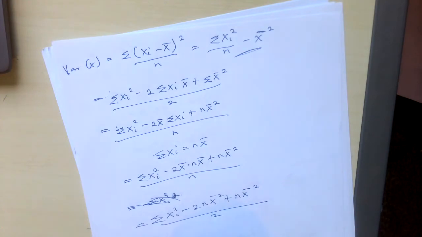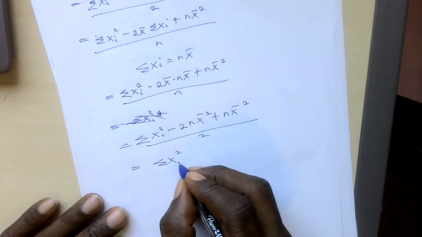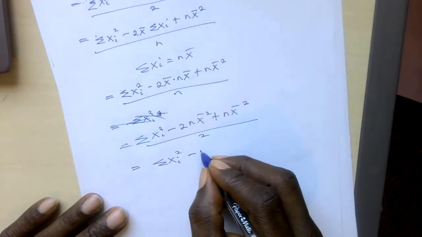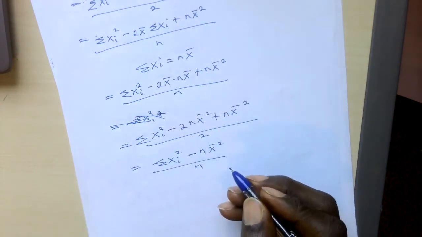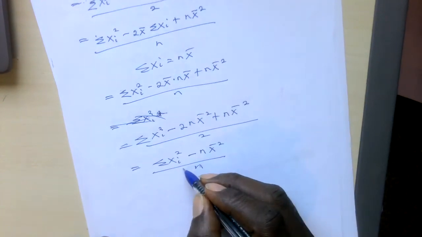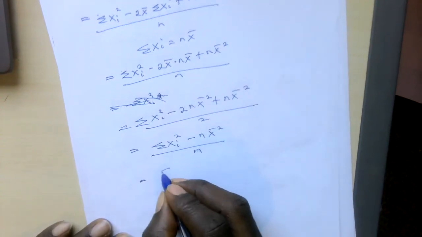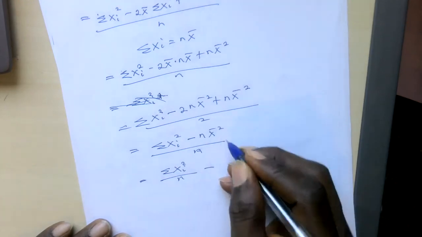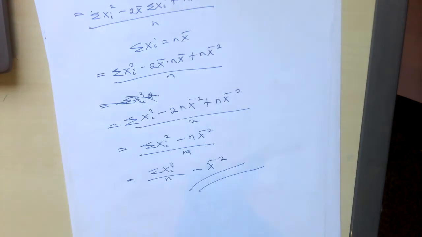Summation x i minus n x bar square all over n, right? So now let's split this down. Let's split it. So we have this equals, over n cancel n, x bar square. So that's the proving for that.